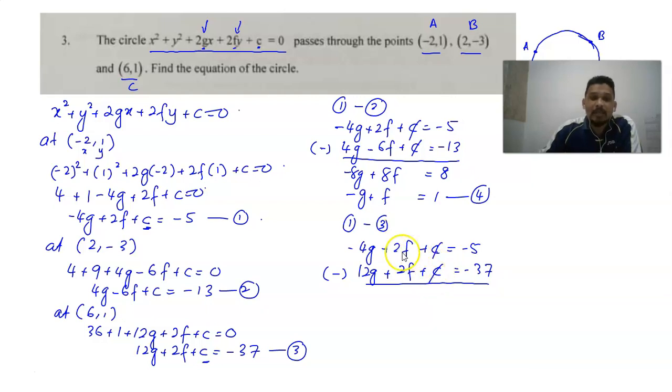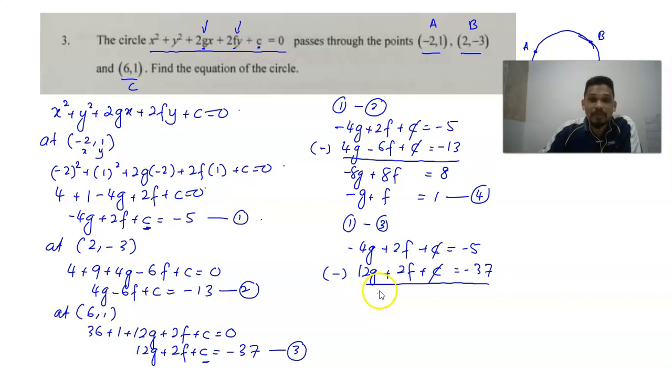Most of the time you will not see this happen, where 2f minus 2f, we can easily subtract, getting 0, and then you strictly get a value of g. Not all the time.